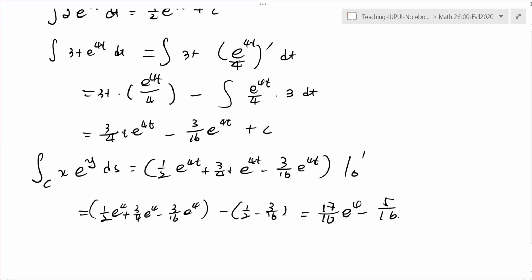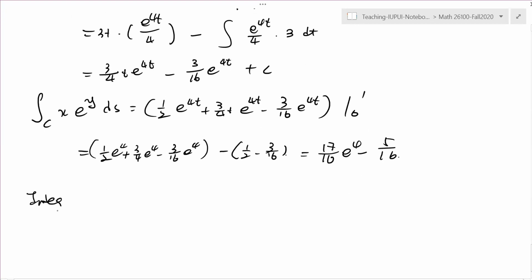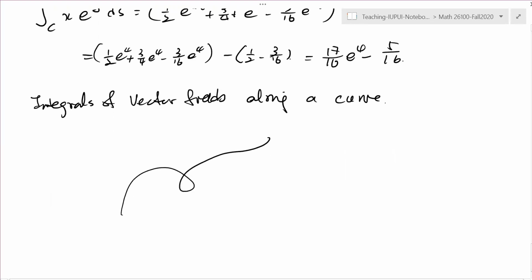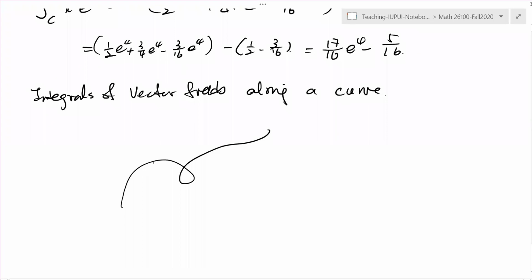Now we're going to define integrals of vector fields along a curve. If we have a curve in space, this time the orientation is important.